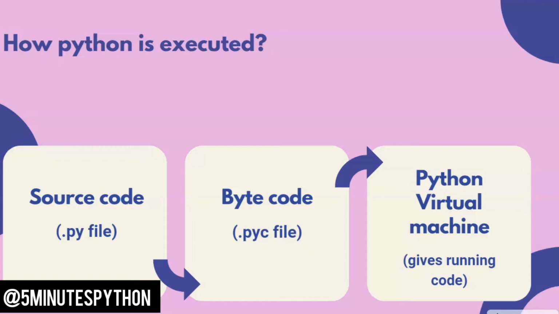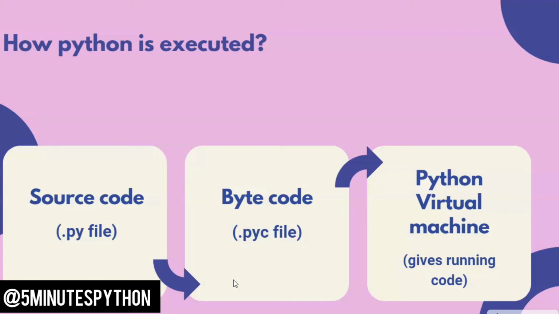But in Python, we don't go for a compilation stage because Python is an interpreter language. We usually write our source code, that is Python code, and our source code is saved as a .py file, and this file is converted to bytecode. Bytecode is a set of instructions for a virtual machine, and it is a low-level platform-independent representation of our source code.